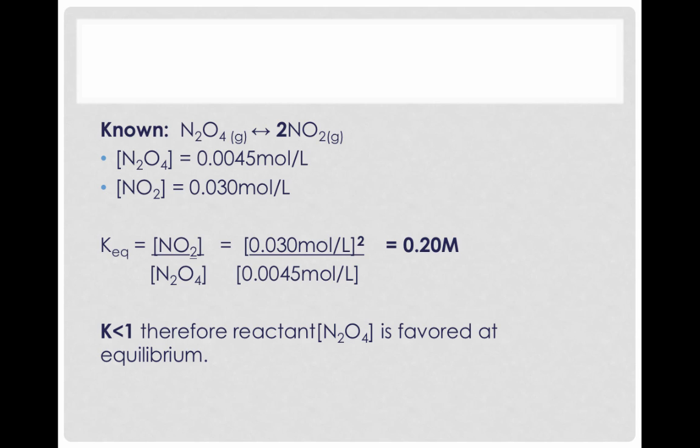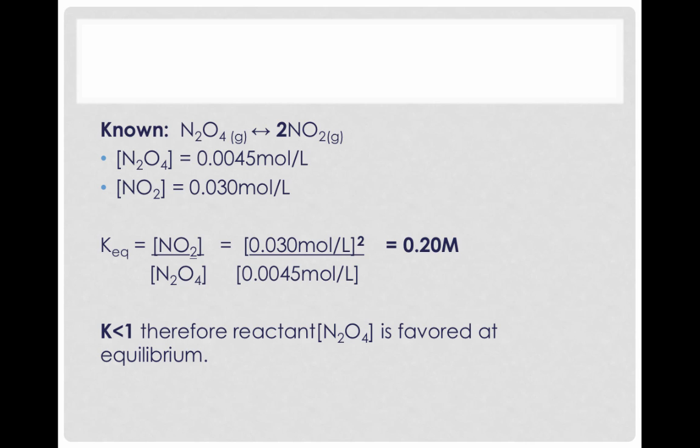So it's going to be product, which is nitrogen dioxide, divided by the reactant, raised to the power of their coefficients. So the balanced chemical equation is a 1 to 2, and the 2 belongs to the product. So you take 0.030 squared, and then you divide that by the concentration of the reactant, 0.0045, and you get 0.2 molar.